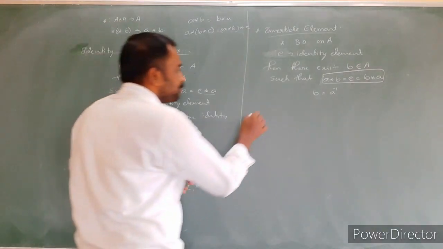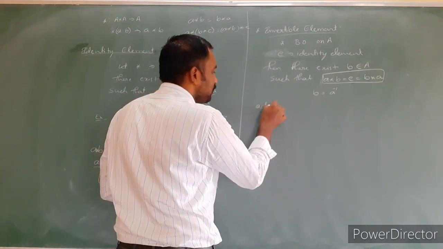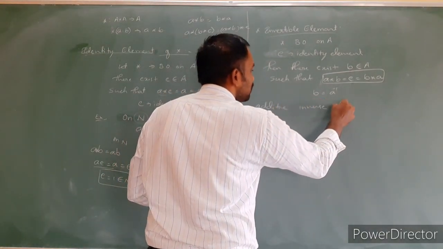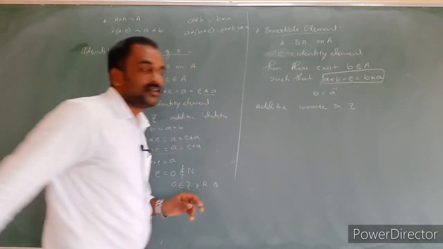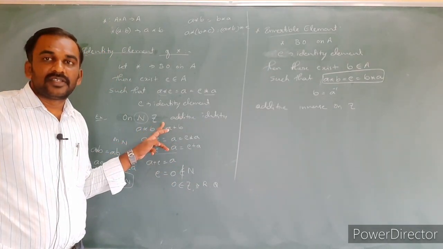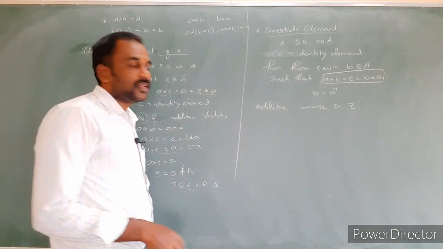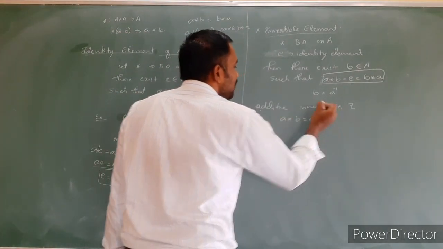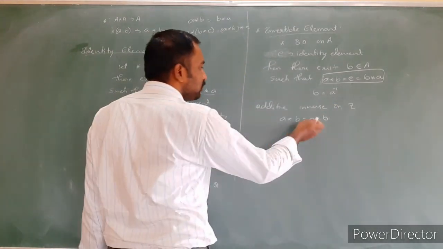Now similarly, what is the additive inverse on the set of integers Z? Already I found the additive identity on the set of integers. Now I need to find the additive inverse. The binary operation is A star B equal to A plus B. What is the additive identity?